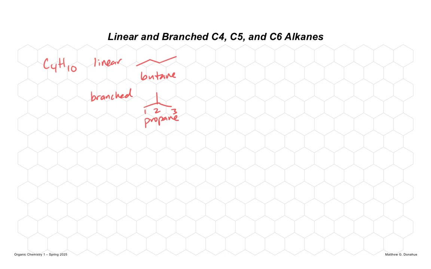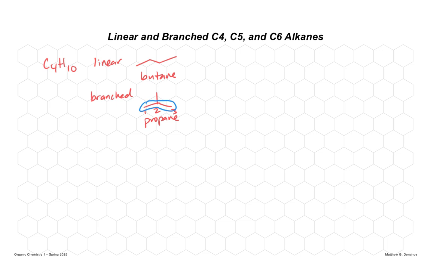And so if we apply the nomenclature rules, we're going to circle the longest chain, that's 3 carbons. So I circle that in blue. So the parent is propane. And then at carbon 2, you have this thing sprouting off.